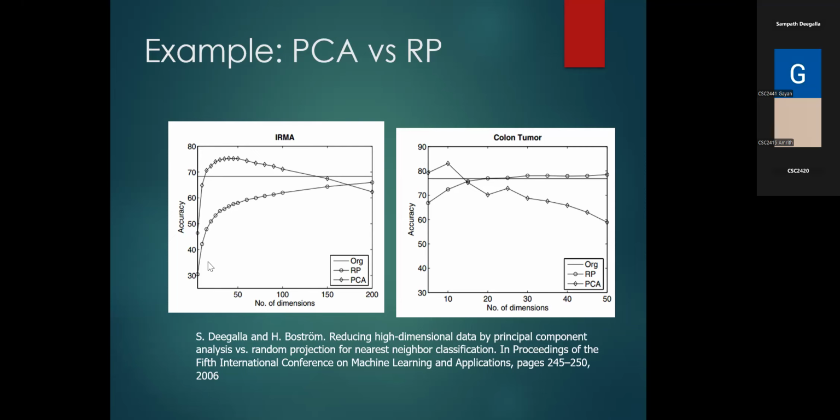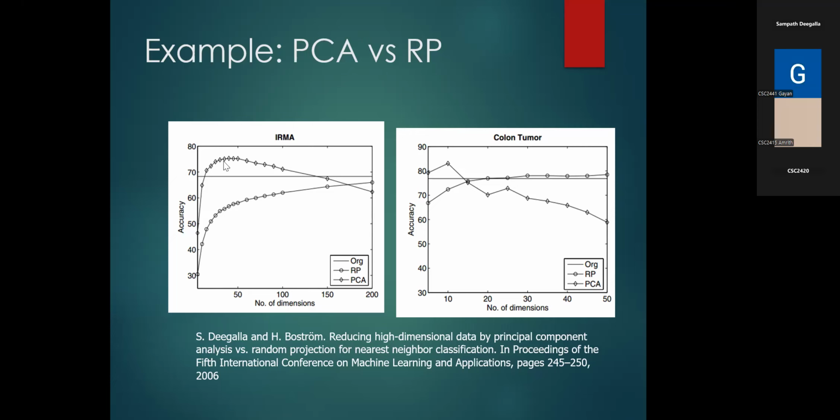The idea is how accurately we can classify this. The challenge for this problem at that time was the high number of classes, and it's very high dimensional as well. When we observed this with principal components, as the number of components increases, after some time it actually decreases the accuracy.